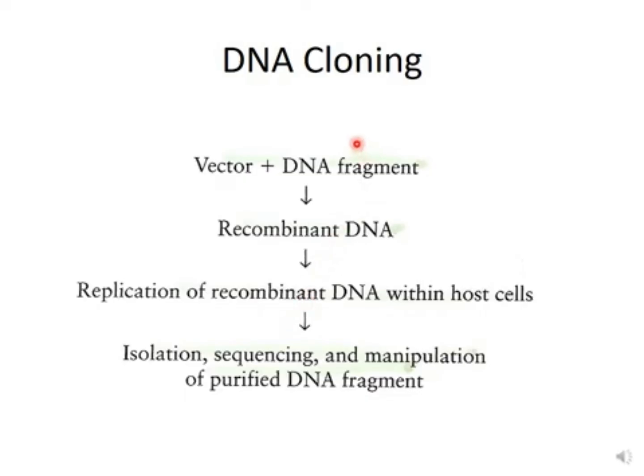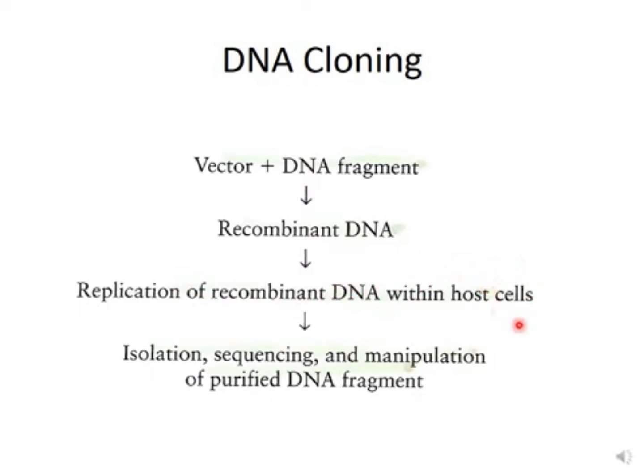So the process for DNA cloning starts with the target vector. So this is a gene sequence that we are interested in. We insert it into a DNA fragment. This gives us what we call a recombinant DNA. Then this recombinant DNA is going to replicate itself within the host cell. So it's going to make multiple copies of itself within the cell.